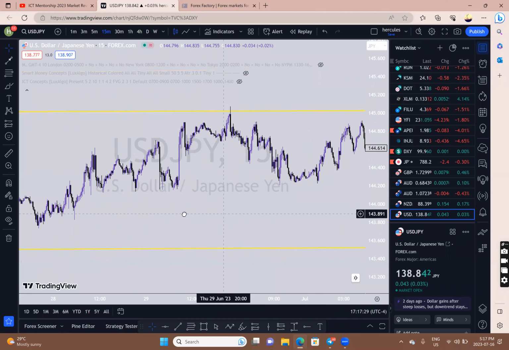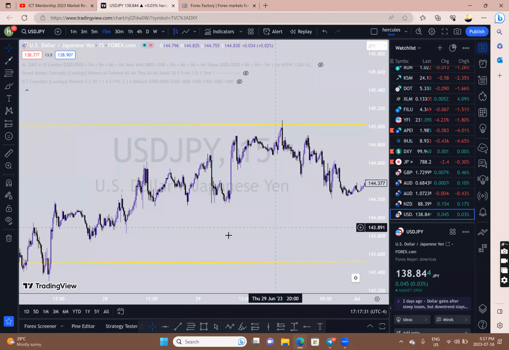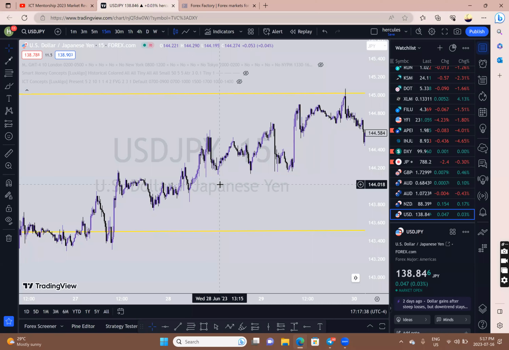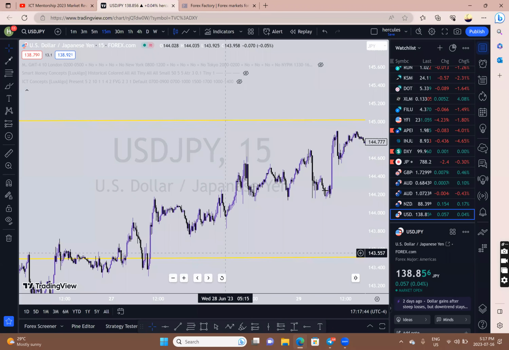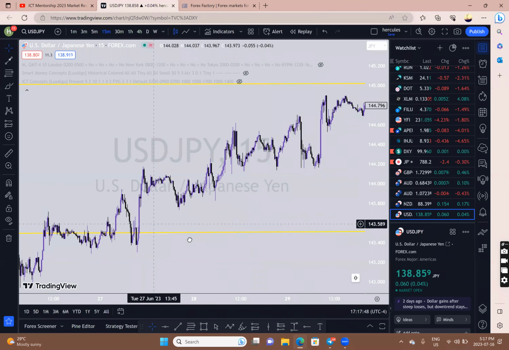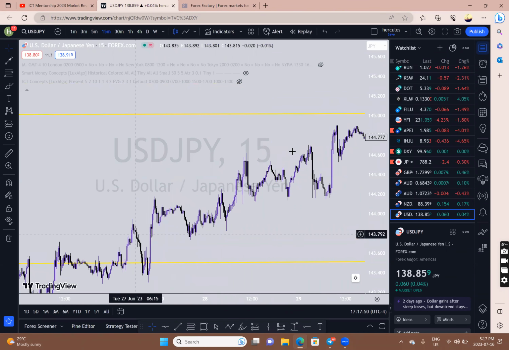On the 15-minute, you can see uptrends and downtrends in your consolidation area, right? I'm giving you examples of consolidation now because you're going to need to learn how to trade in consolidation. That's why we're learning liquidity, because the market isn't doing clear uptrends and downtrends all the time, but there are still uptrends and downtrends within consolidation.